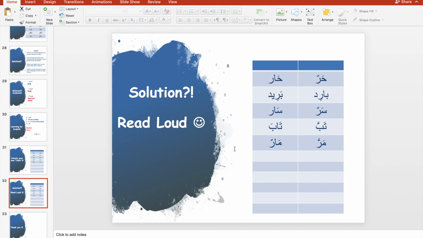Reading aloud. Reading aloud is one of the best techniques, not only when you learn Arabic, but also when you learn any language. When reading in Arabic, I would suggest you to exaggerate in stretching those long vowels. It is better to exaggerate than to make spelling and pronunciation mistakes.